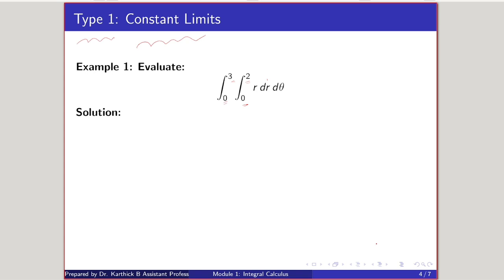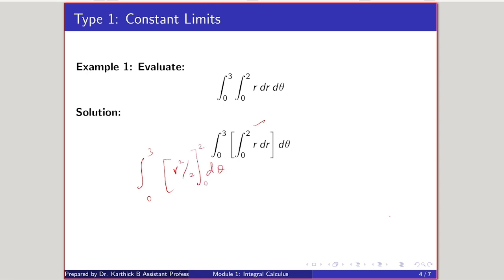So what we will do? Simply, I will evaluate the inner integral first. If I take 0 to 3 and integrate r with respect to r, it is r square by 2, then 0 to 2 d theta. If I substitute the limits, then I will get 4 by 2 d theta.